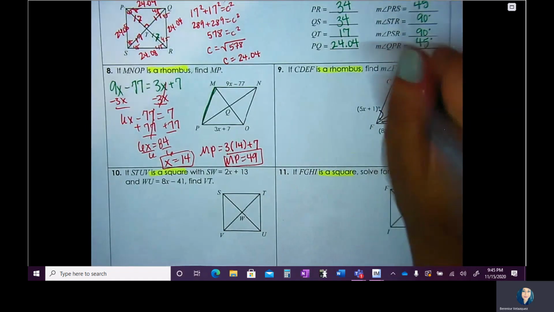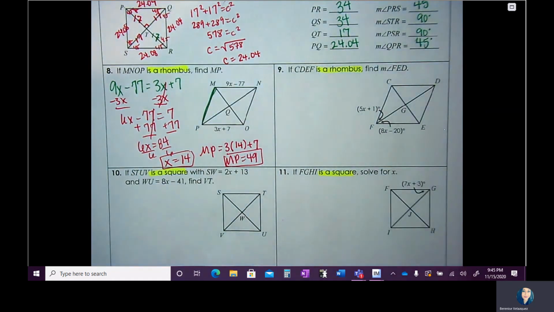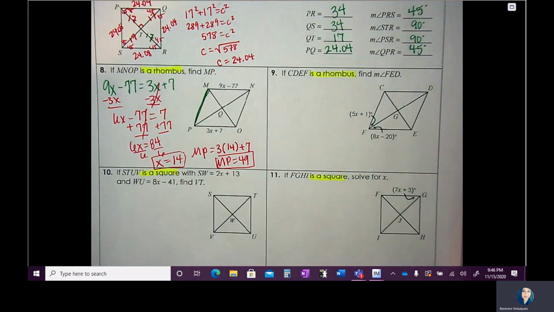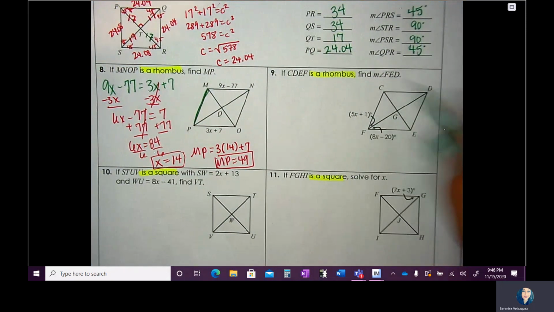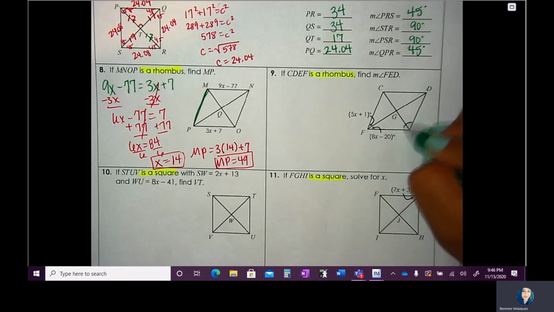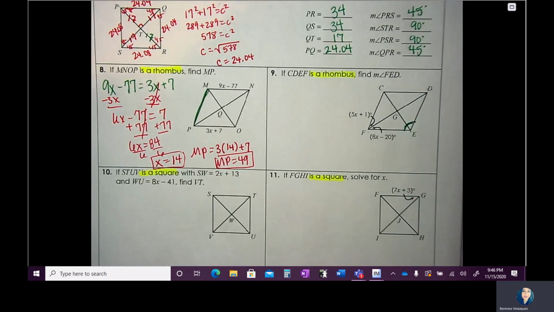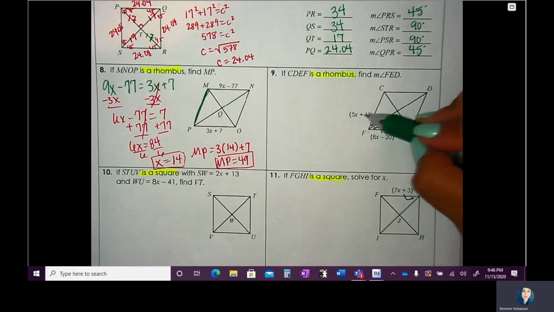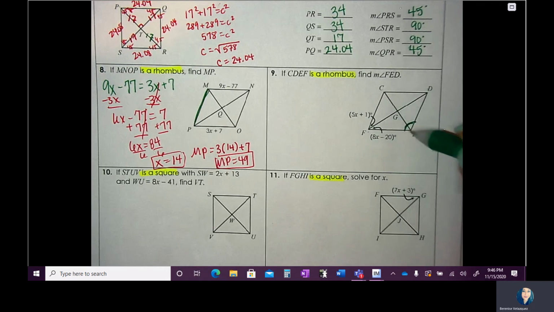Okay, this is a rhombus, and it says find FED, and it's an angle. So first I need to figure out where FED is. FED is this angle right here. So if I take this plus this and subtract it from 180, I get the value of it, and that's what I want.